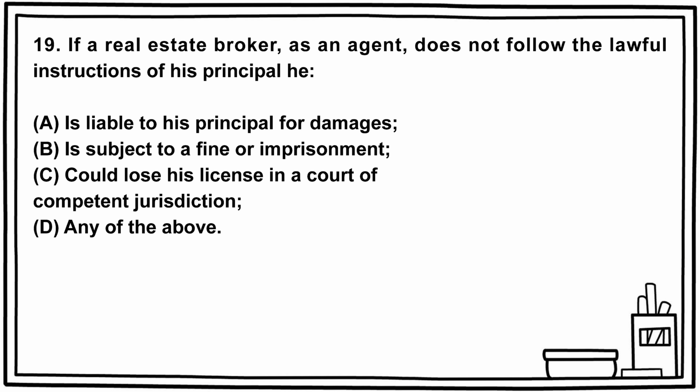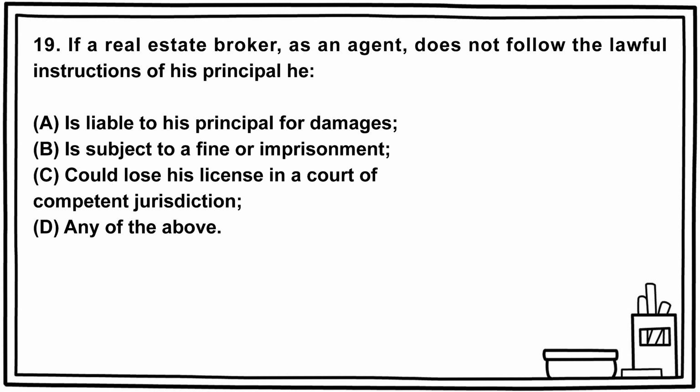If a real estate broker, as an agent, does not follow the lawful instructions of his principal, he A. is liable to his principal for damages. B. is subject to a fine or imprisonment. C. could lose his license in a court of competent jurisdiction.